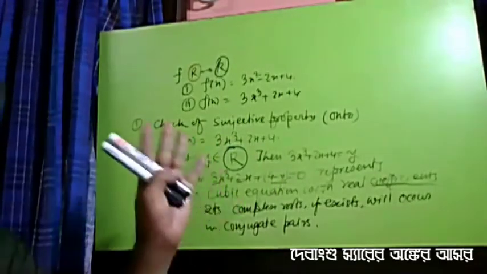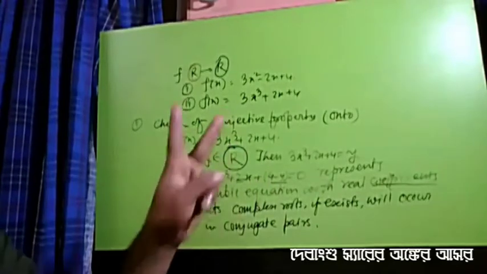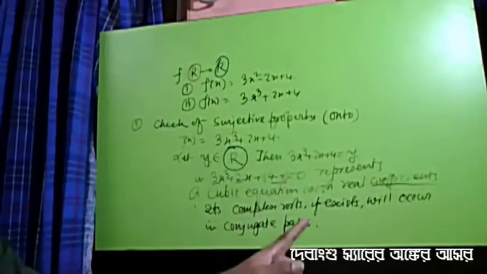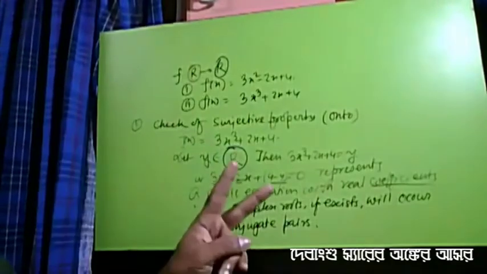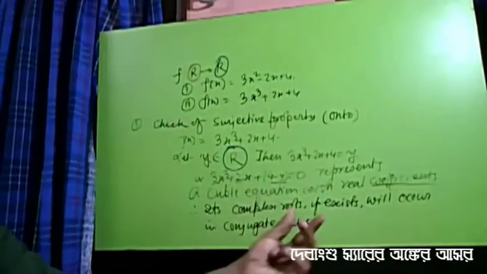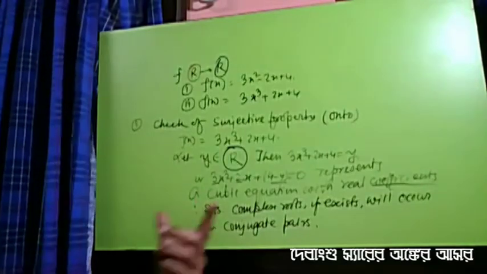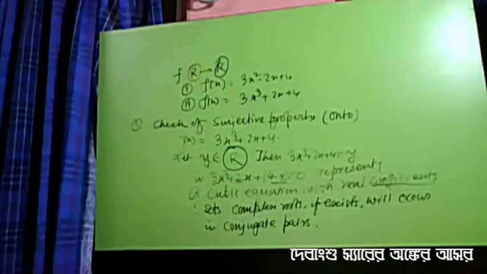I use the words if exists. I am not claiming that this equation has complex roots. I am just telling that if they exist, then they must be in conjugate pairs. That is, it has maximum 2 complex roots.